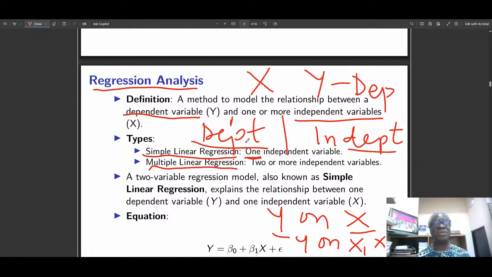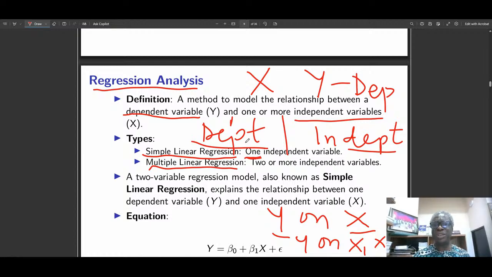What differentiates simple from multiple is the number of independent variables in your regression model.